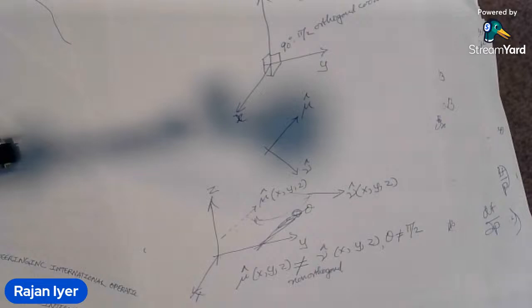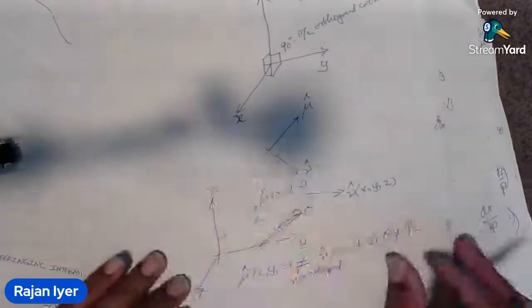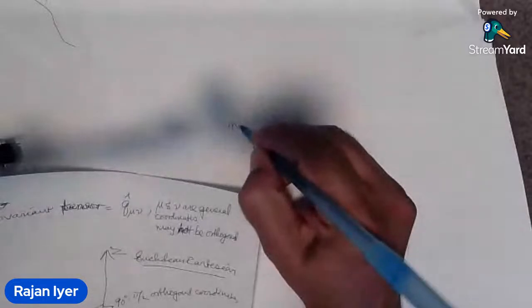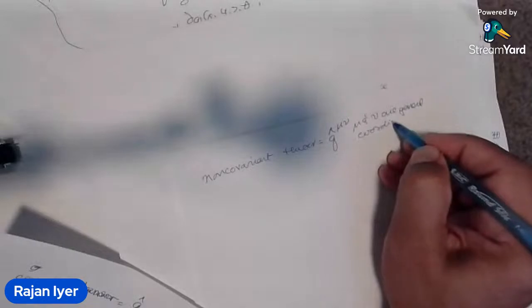So now we have that's a covariant tensor, right? But now I connect with the contravariant tensor. Covariant is the lower script, contravariant the upper script, and mu and nu are general coordinates. Now we can have more than mu and nu.